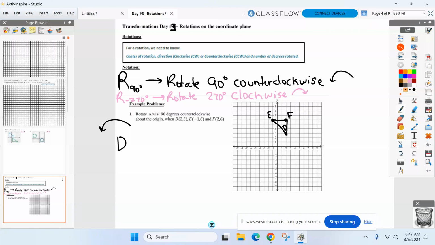Where is your new point D that we're going to call D prime? I do not want to graph it, I just want to jot it down. It should be at -3, 2. When you rotate it over to the left 3, down 2. So just jot down D prime is at -3, 2.